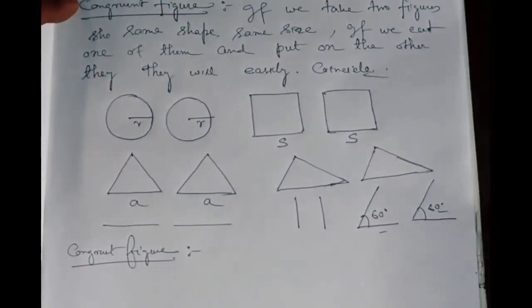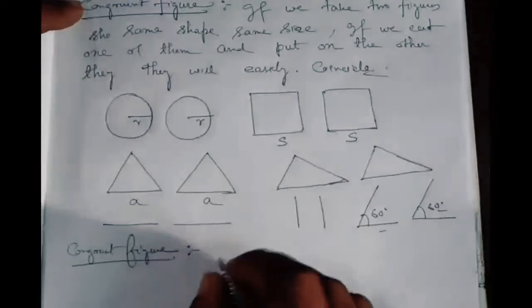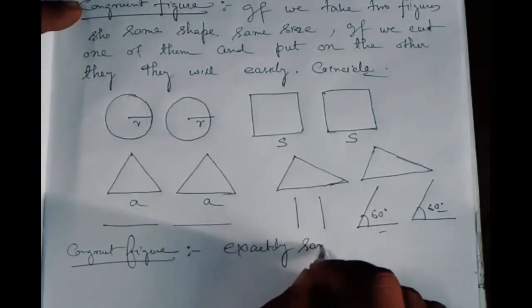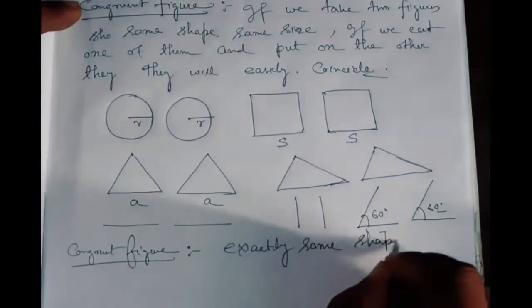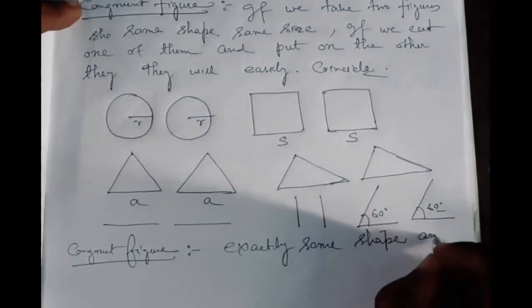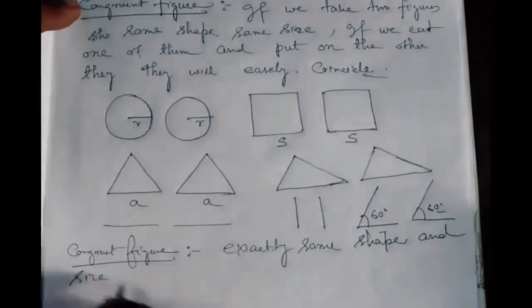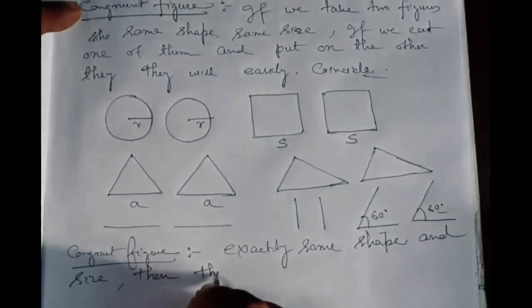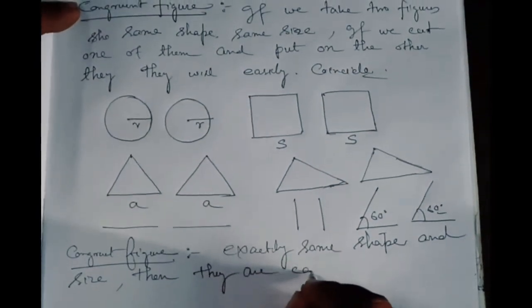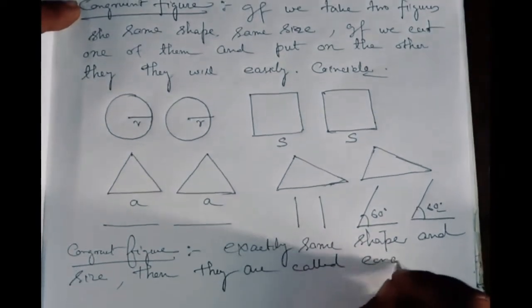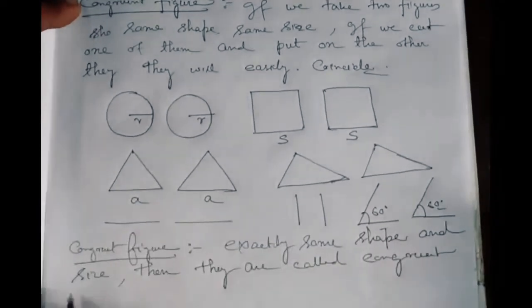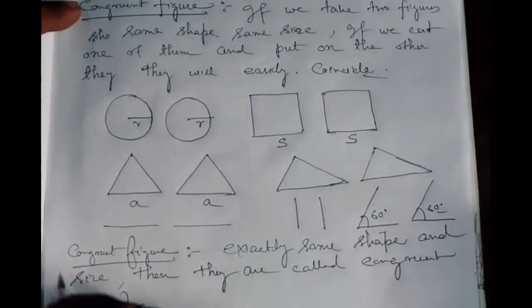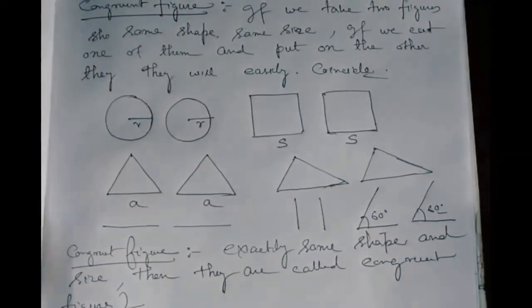If two figures have exactly the same shape and size, then they are called congruent figures. This is the basic definition. The definition is given in the book. Okay.